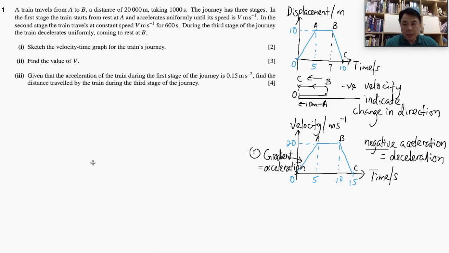And then lastly, area. If you want to know how far the object has moved throughout the journey, the area under the graph represents the displacement or distance in this case. Now, how do I find the area under the graph? You don't have to use any special fancy formula here.